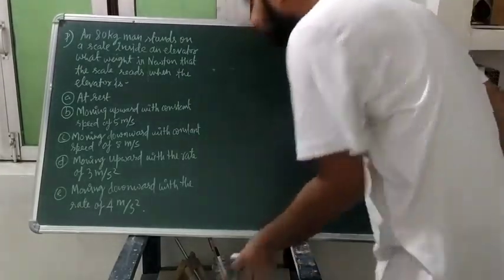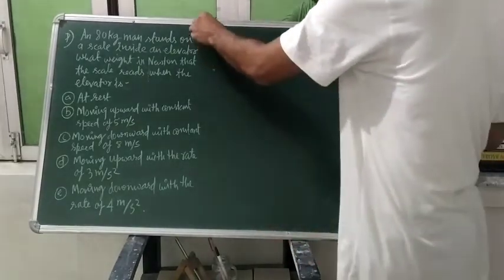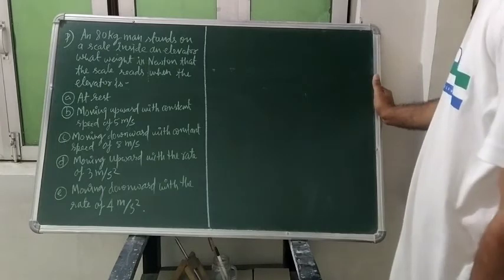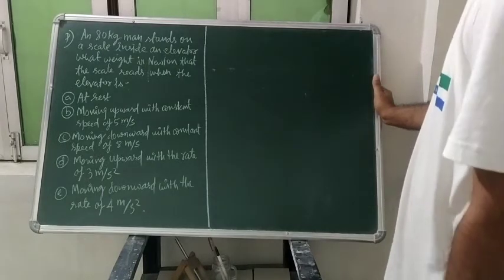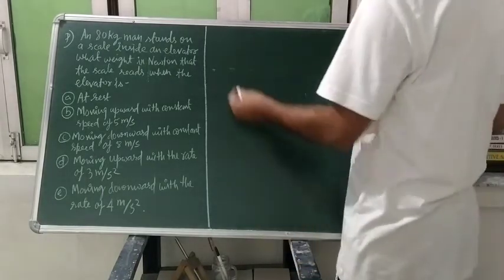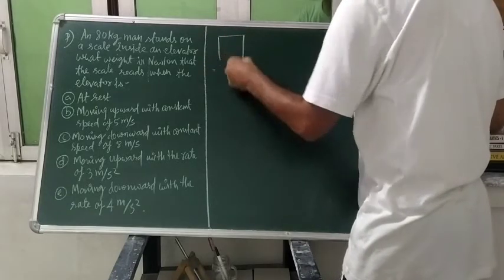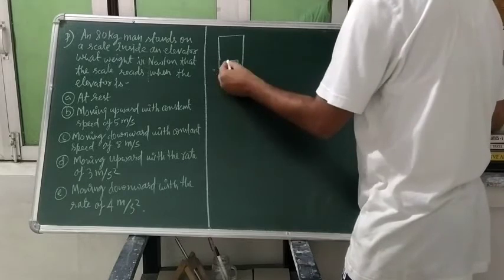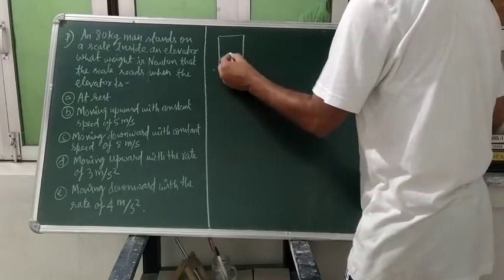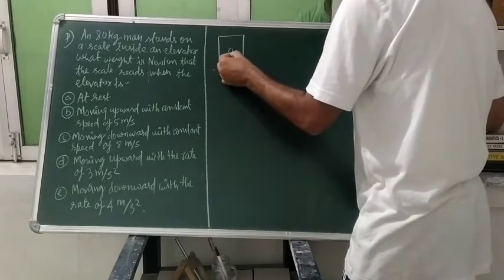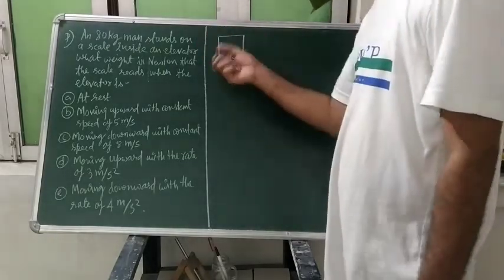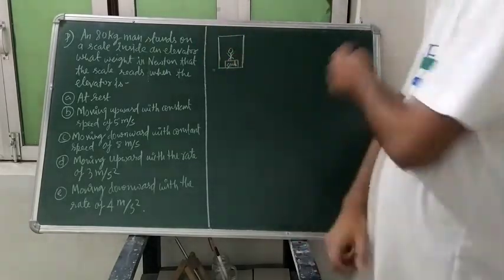Look at this problem of an elevator. An 80 kg man stands on a scale inside an elevator. An elevator is there, and a man is on some scale, standing on that scale.